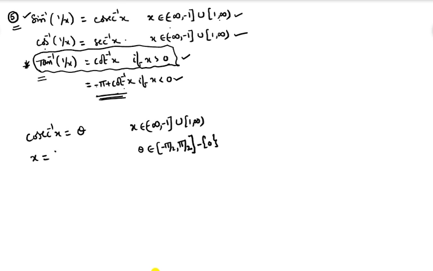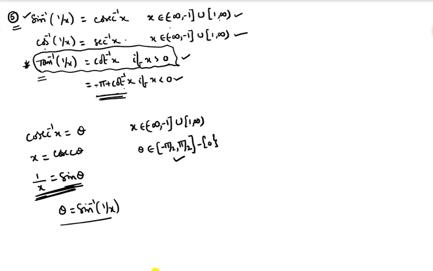That's why excluding 0. Now from this I can write x is equal to cosecant theta, that means 1 by x is equal to sin theta. You can check theta is in the principal branch only. At the same time, 1 by x values also lie between minus 1 and plus 1. That's why we can write theta is equal to sin inverse 1 by x.